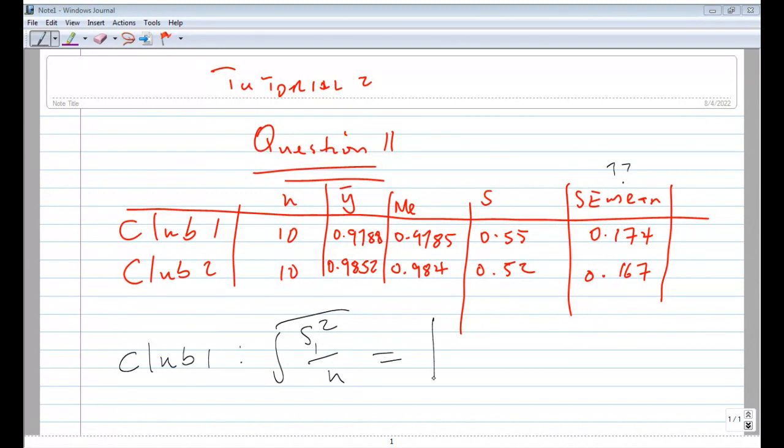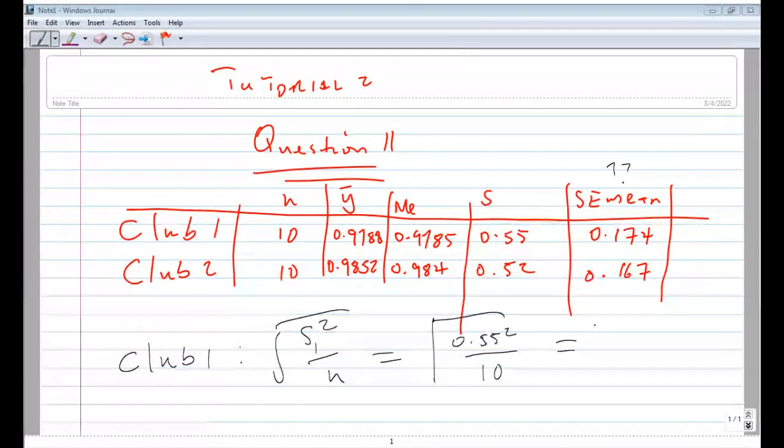So you're going to have 0.55 squared, then divide by sample size, which is 10. The answer is what? 0.173925. Yes, that is why I'm saying maybe it's a matter of just rounding.